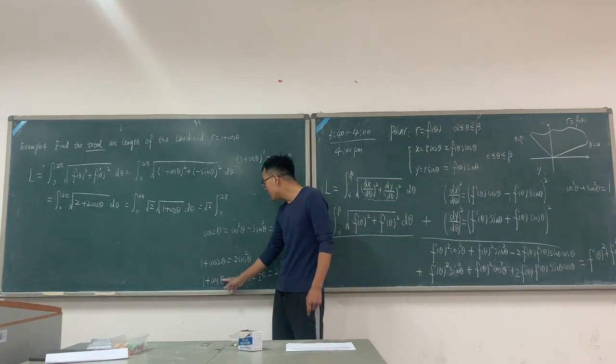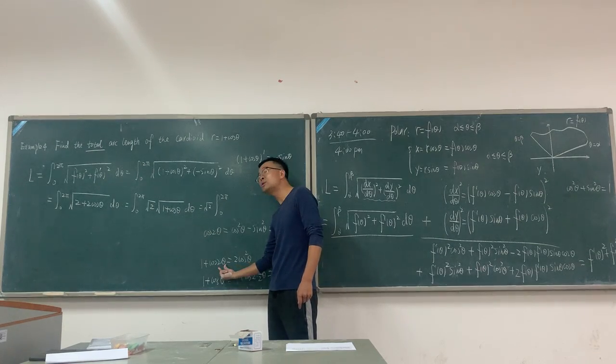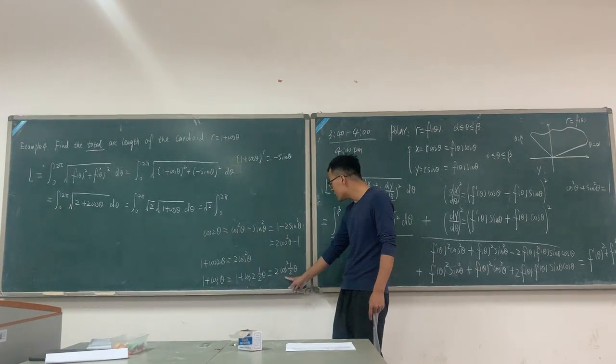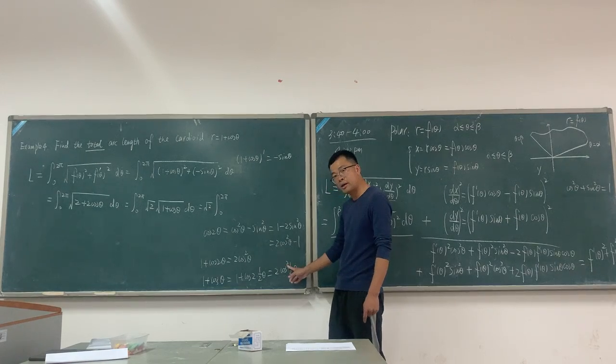Here you just replace this 2 theta by theta. So 1 plus cosine theta actually equals 2 times cosine 1/2 theta square.